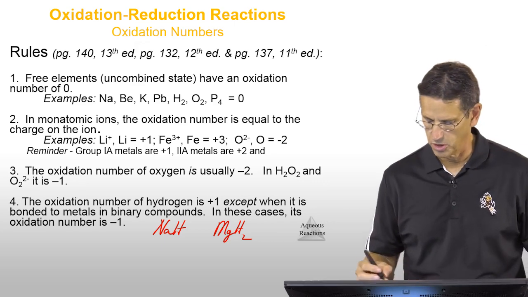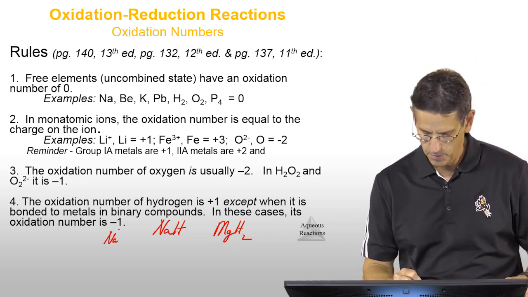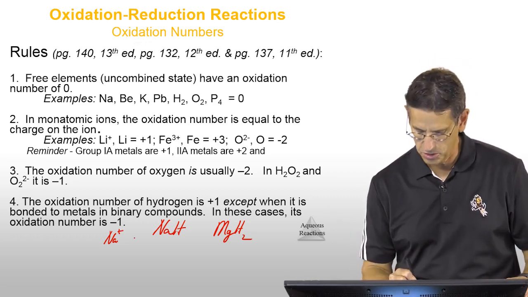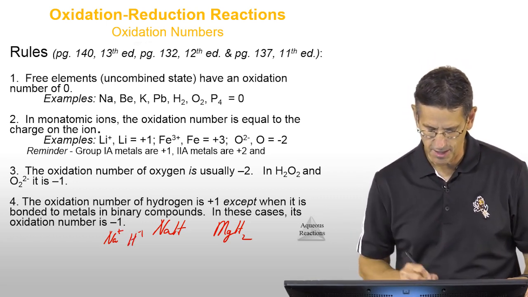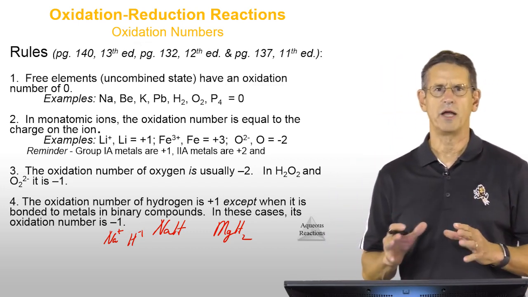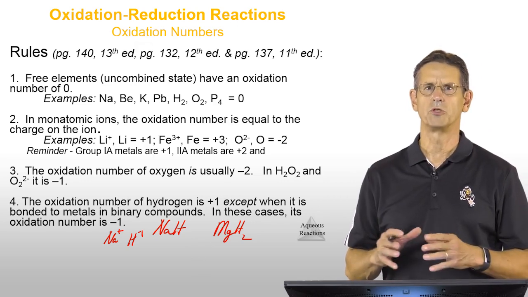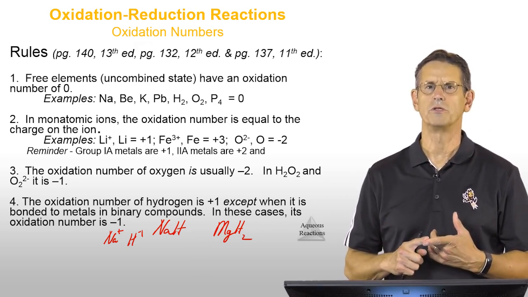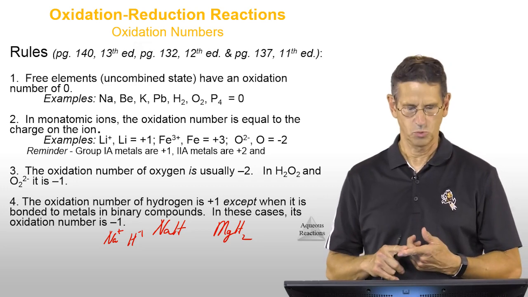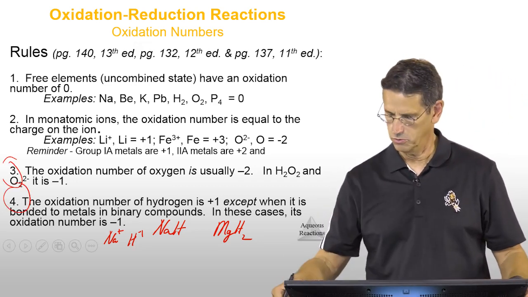So when we pair up sodium and hydrogen, the sodium, being a group 1 element, has a +1 oxidation number, and the hydrogen has a -1. So there's your exception for hydrogen. Metal hydrides, I shouldn't say are not rare. They're out there. For the most part, anytime you're looking at hydrogen, it's going to actually lose a battle. It's going to be a +1. So rules 3 and 4 are the most common ones you'll use.